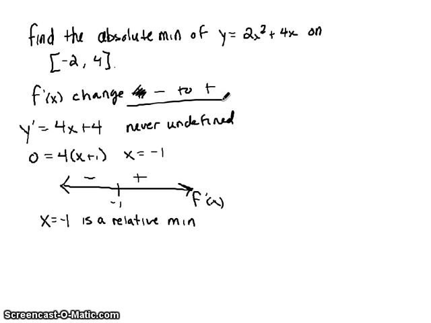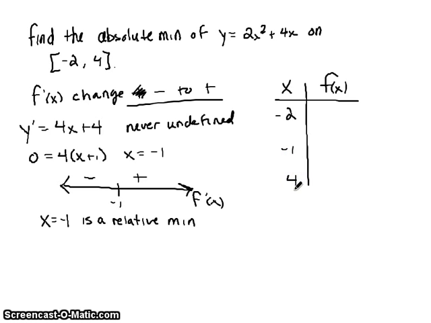We now have to test 3 points to figure out what our absolute minimum is. We need to check -2, we need to check -1, and we need to check 4.